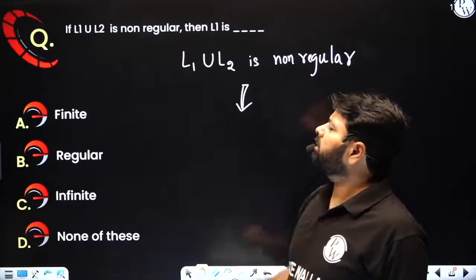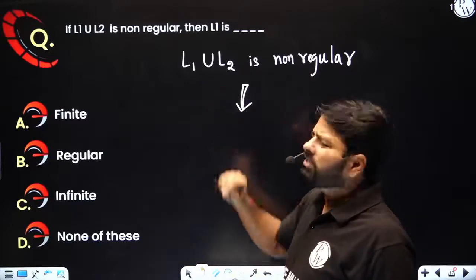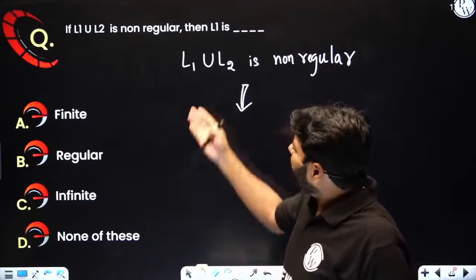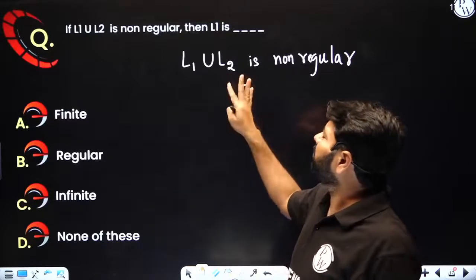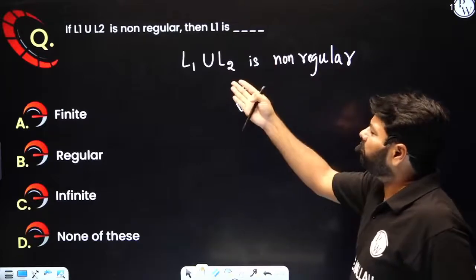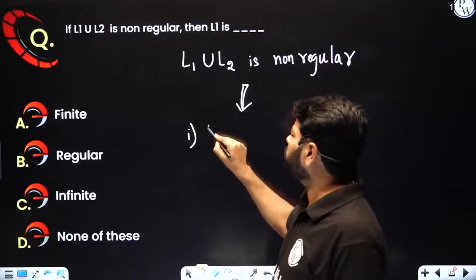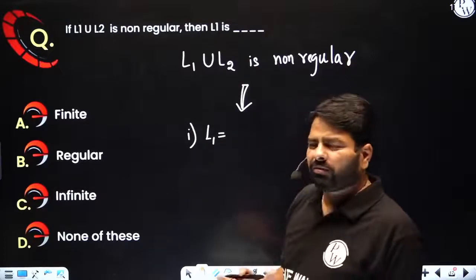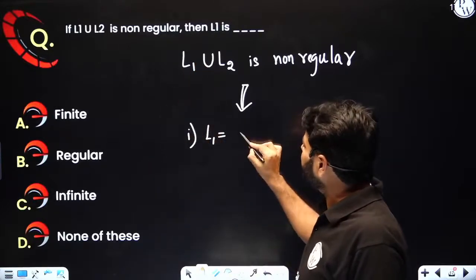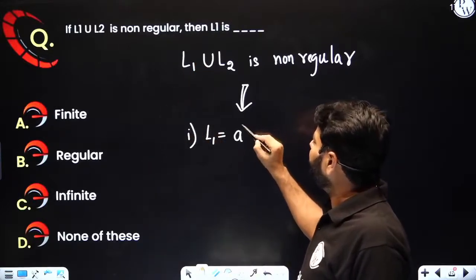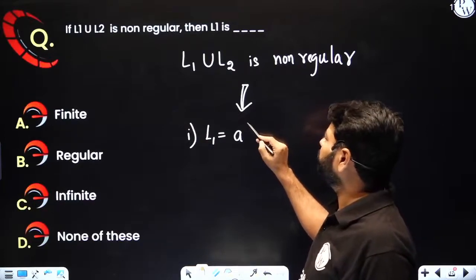Now the first option is asking, is L1 always finite? Is it true? L1 I can take infinite, and that infinite union some non-regular, then of course the result is non-regular. So first example, I'll just show that L1 is some infinite language.